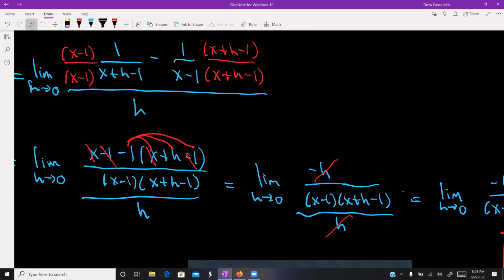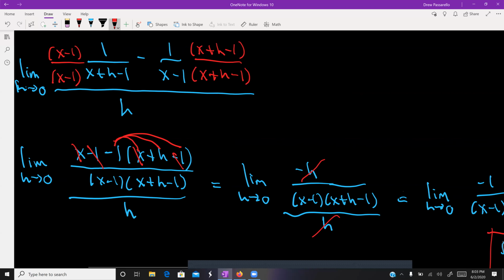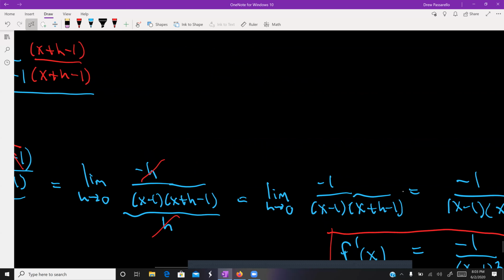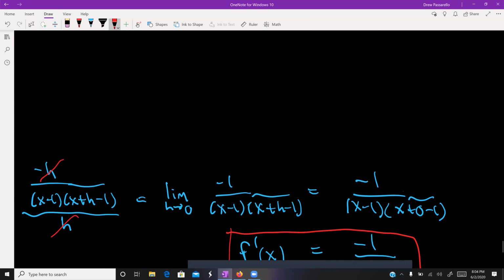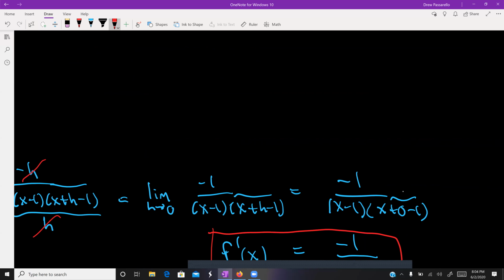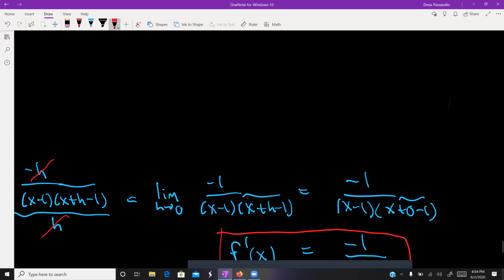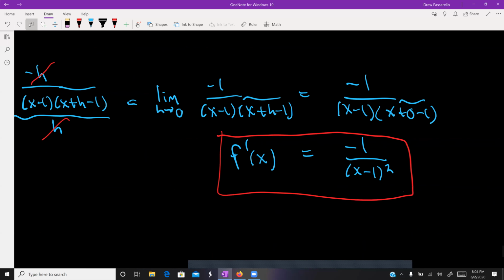And the negative h at the very top can divide out with the h at the very bottom. That left me with negative 1 over x minus 1 times x plus h minus 1, and I can go ahead and plug 0 in for h. That's not going to give me any problems. It'll give me now the result of that, negative 1 over x minus 1 squared.